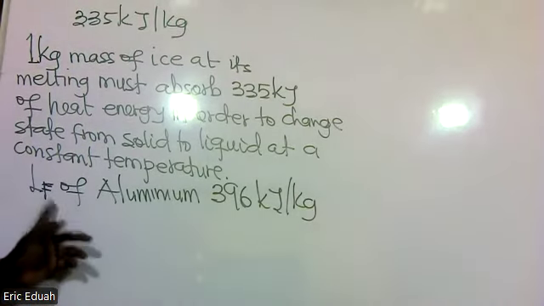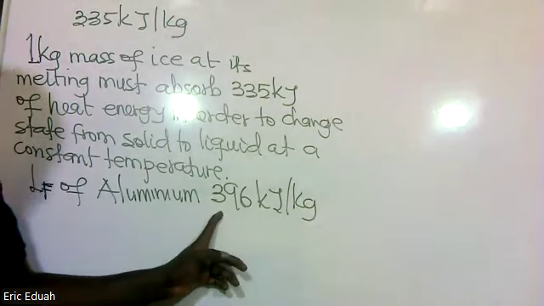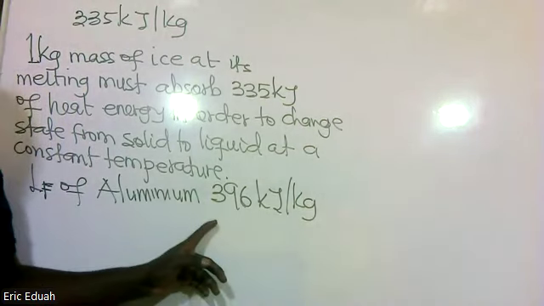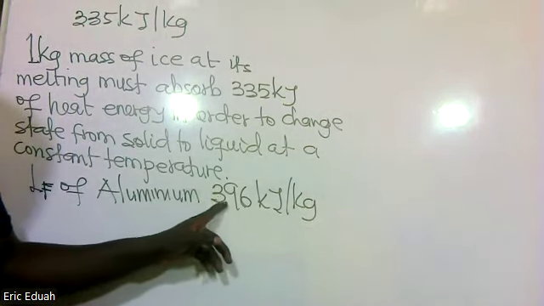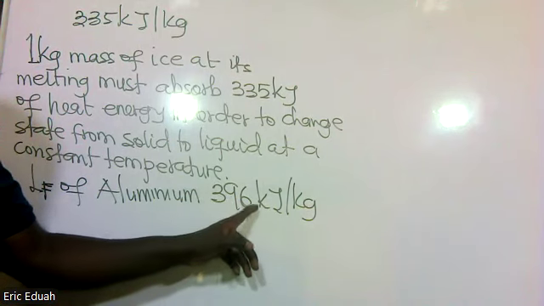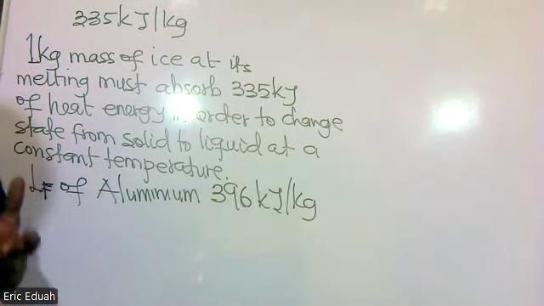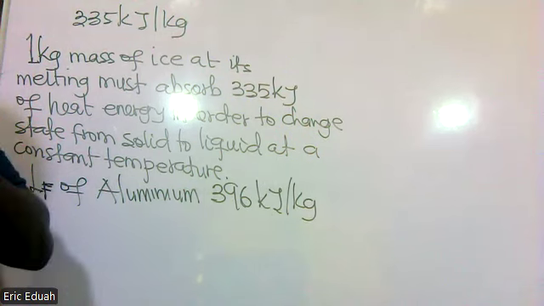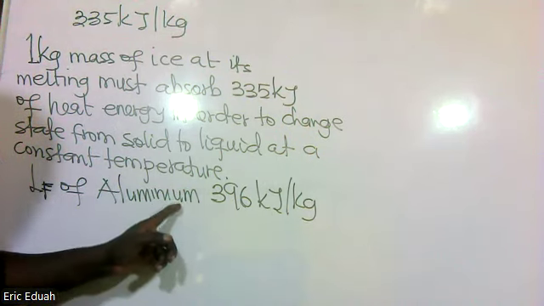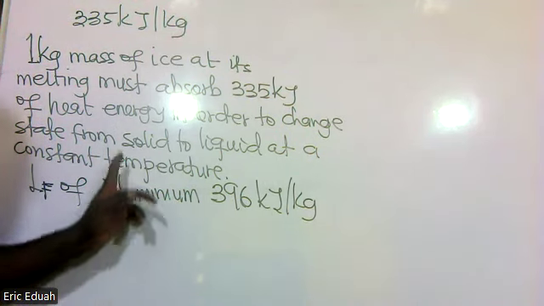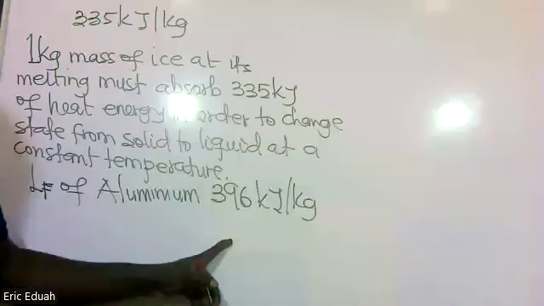So 1 kilogram mass of aluminium at its melting point must absorb 396 kilojoules of heat energy in order to change state from solid aluminium to liquid aluminium at a constant temperature.